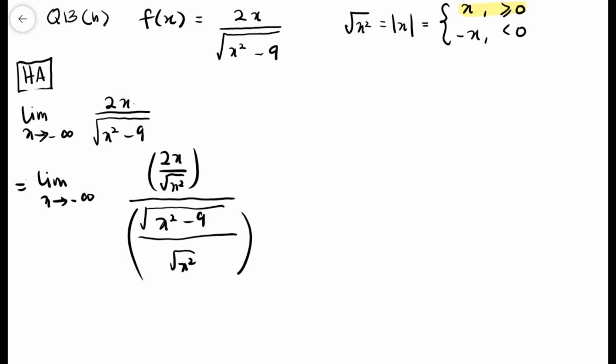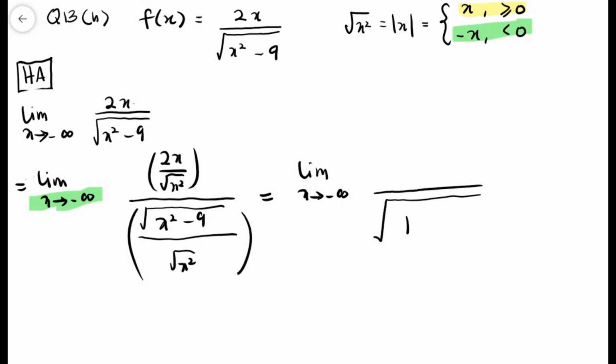So how about the numerator? Remember back, we have this kind of definition. Now you try to find x approaching negative infinity, hence we need to pick the definition of the negative side. So you end up with the limit as x approaches negative infinity. For the denominator, you end up with sqrt of 1 minus 9 over x square. But for the numerator, you are left with 2x over negative x.